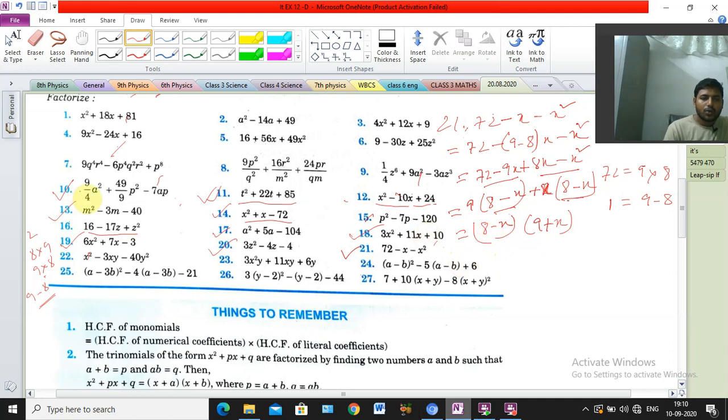Question 22. See the question: x square minus 3xy minus 40y square. I am writing the question, x square minus 3xy minus 40y square. This is the question. What to do here?